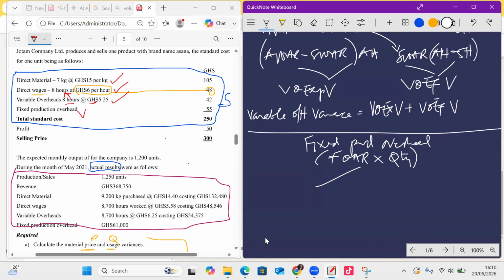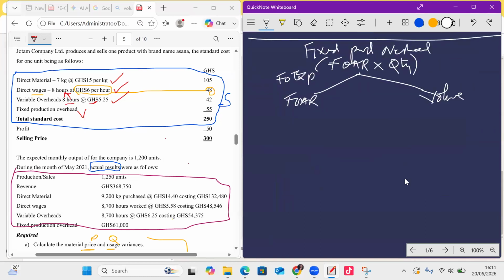Then the FOAR, please look at the differences here. This is called a fixed overhead expenditure. Then this here is called a fixed overhead efficiency. So for the fixed overhead, we have the FOAR and the volume.